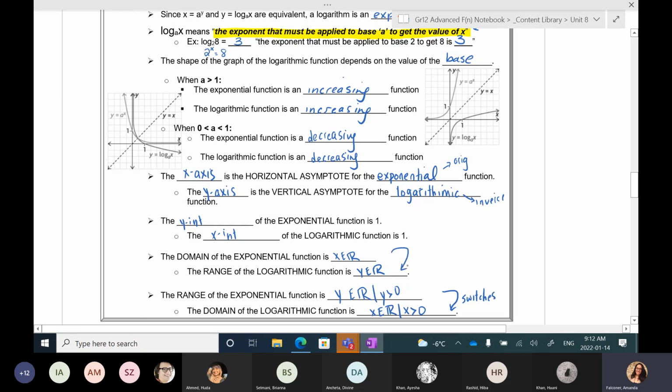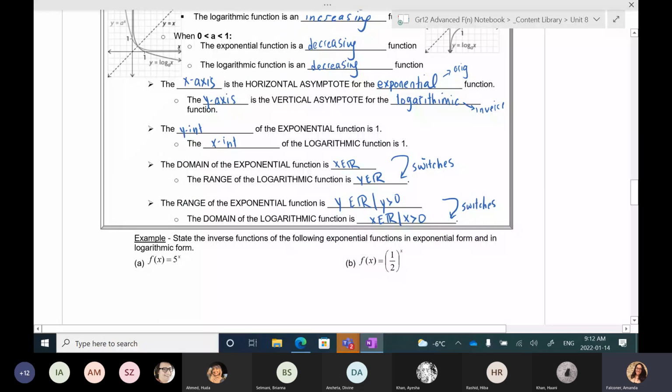And now this is just putting it into the summary box. It's just what we were looking at from the previous two examples, that the horizontal asymptote becomes the vertical asymptote of the logarithmic or the inverse, and that the domain and the range switch between the original exponential format to this inverse, the logarithmic format.